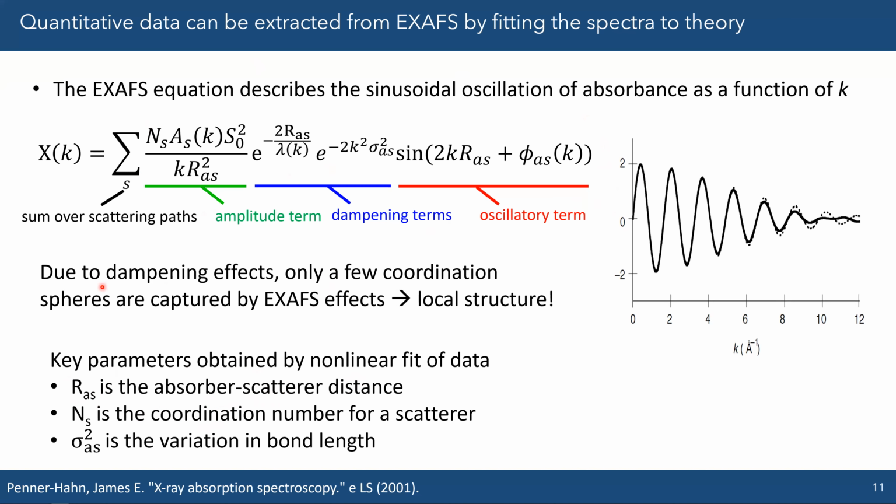It's important to know that because of this damping effect, only a few coordination spheres are captured by the XAS. So once you get out to the fourth or fifth nearest neighbor, they really have no effect on the XAS data. And because of this, XAFS is known as a local structure probe, and similar to NMR in that way.